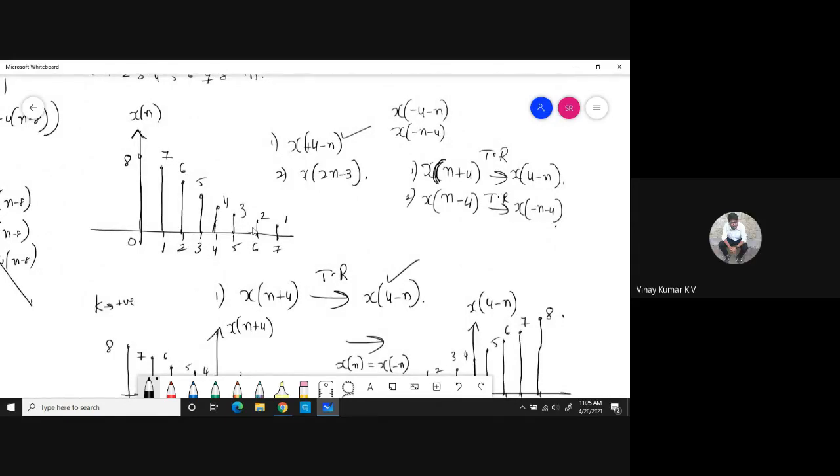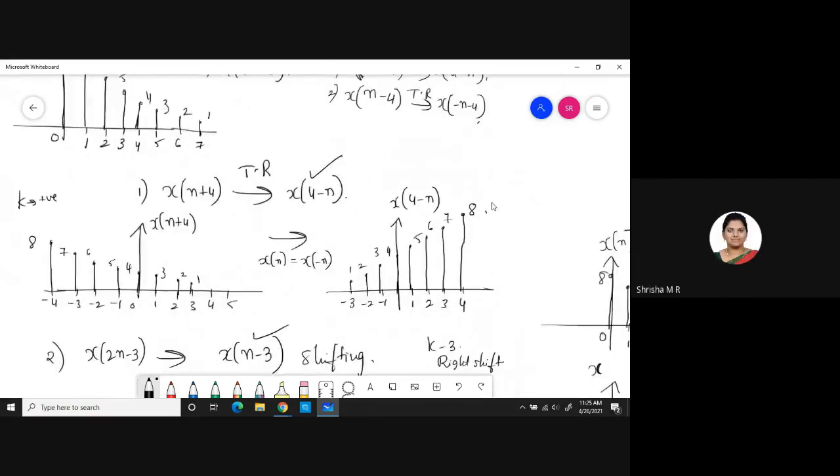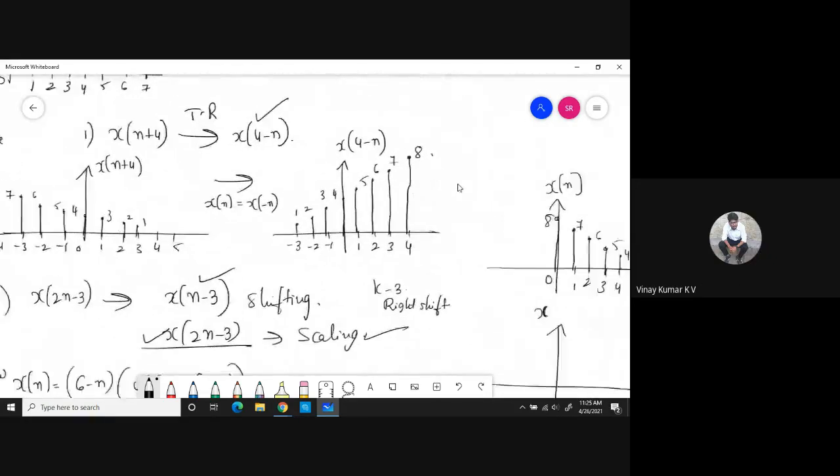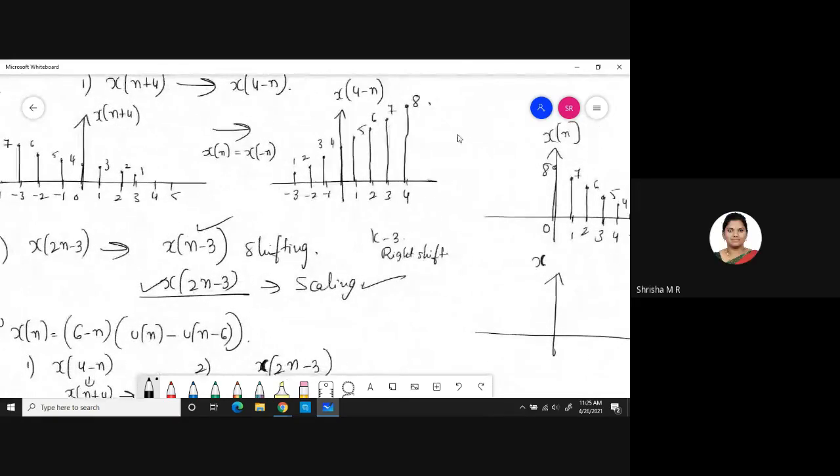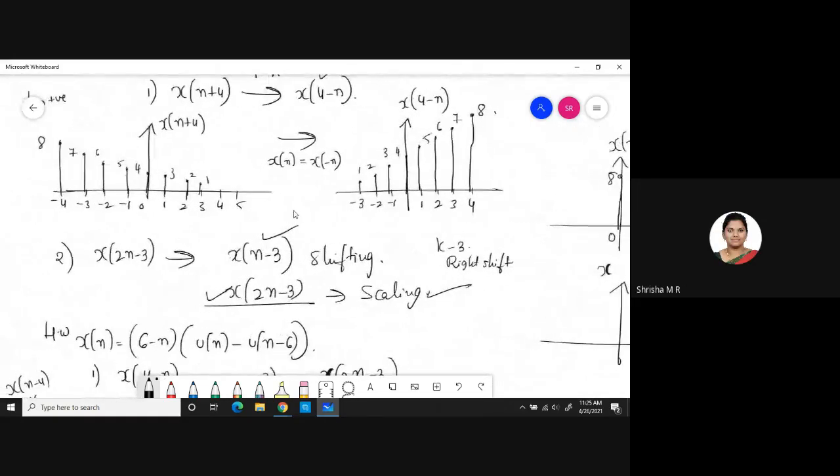Ma'am, I'm telling you the next problem. Ma'am, that is the next problem, I'm doing the previous one. Ma'am, you are doing the homework problem. Yes, I had told you to do this. You had given 8 minus n of u of n minus u of n minus 8. I'm doing 8 minus n only, the previous one. This part I left, right, x of 2n minus 3.